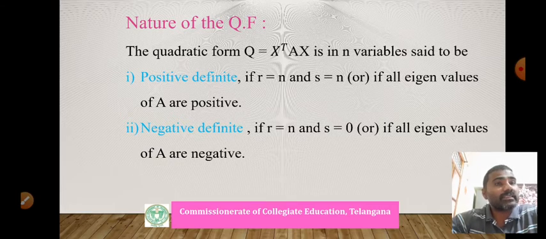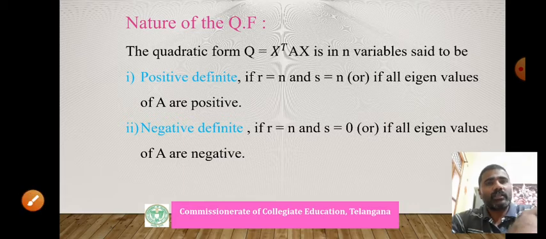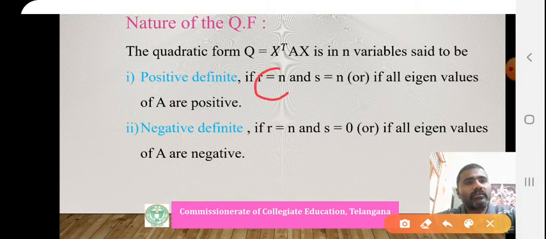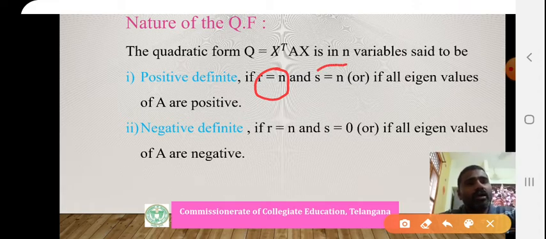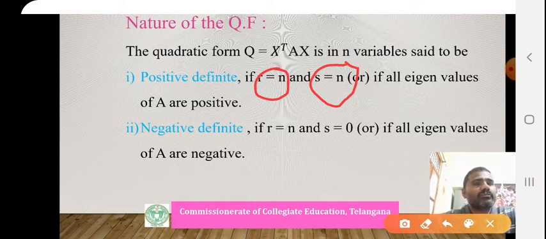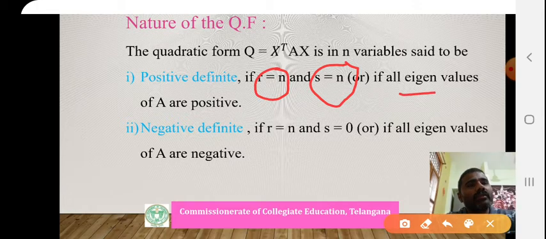And S is also equal to n, and all terms are also positive. This is equivalent to the rank of A being n and all terms being positive. That means all terms are positive, or we can simply say that all eigenvalues of A are positive.